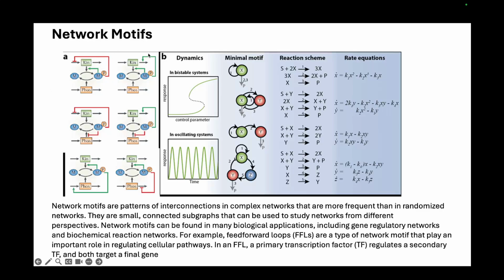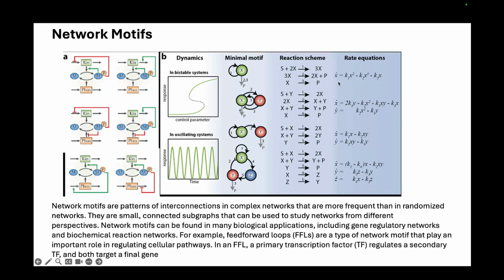So there are different types of these models. If you compare these two, there is an added repression here, so this is a slightly different version of this one. What you do is you try to model the whole set of equations and the reactions that are happening here.